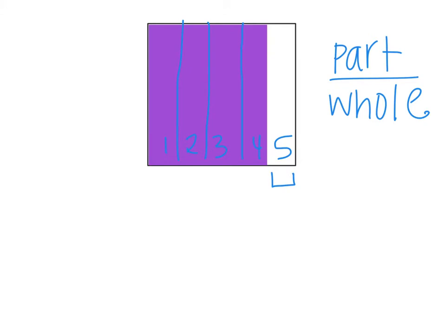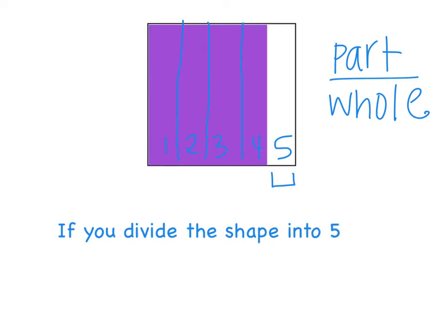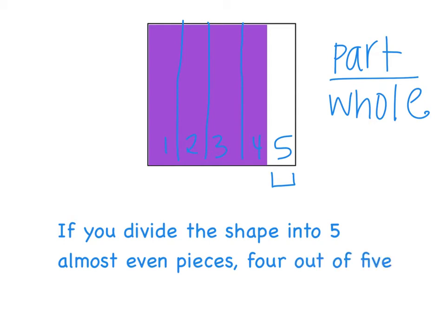In my explanation, to have a thorough and very clear explanation, what I might say is if you divide the shape into 5 almost even pieces, 4 out of 5 are shaded in.